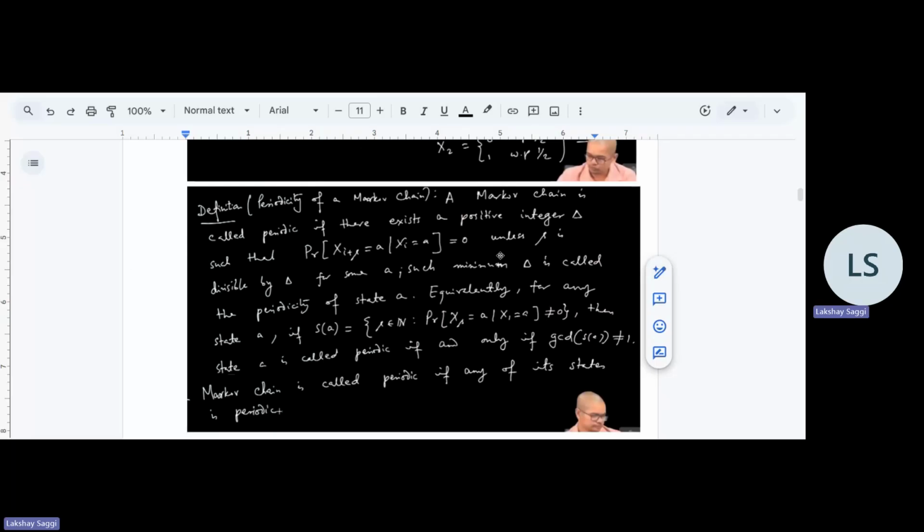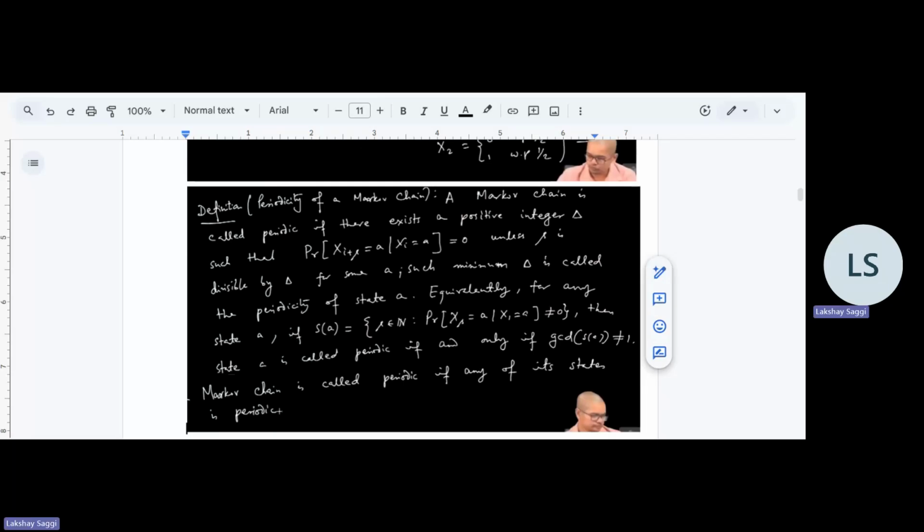A Markov chain is called periodic if there exists a positive integer delta such that the probability that x at time step i plus L is A, given xi is A, is 0, unless L is divisible by delta.